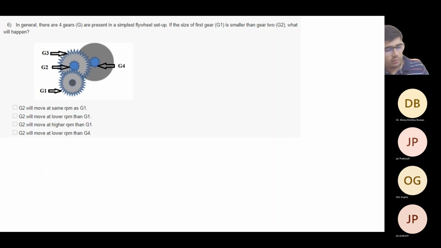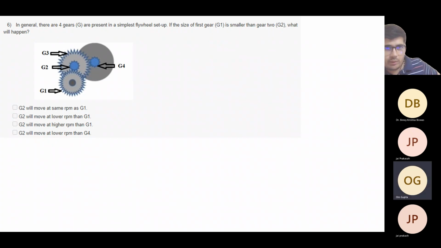Go through other options also. Sir, option 2. Option 2, okay: G2 will move at lower RPM than G1.